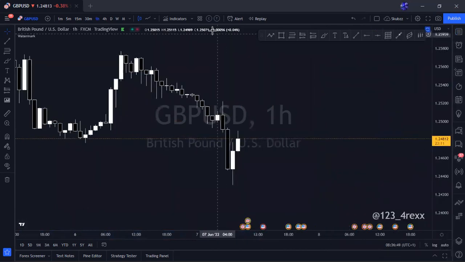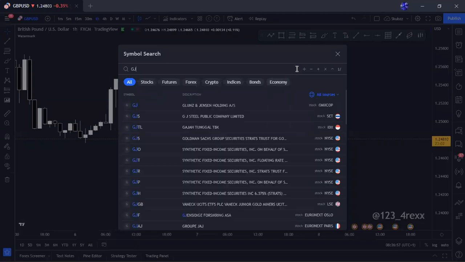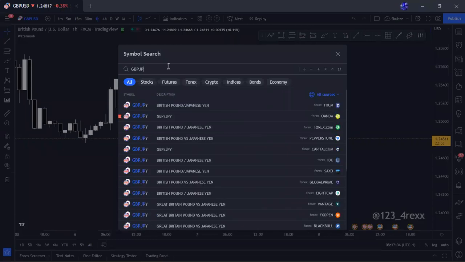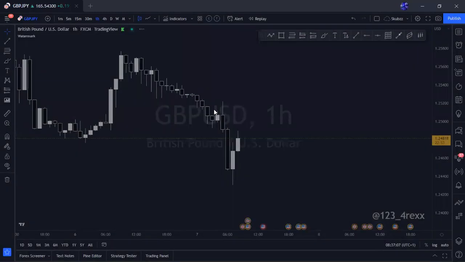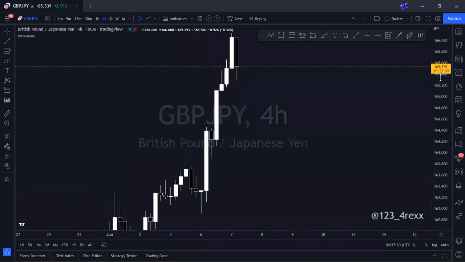Let's look at the price. I saw someone dropped GJ. You guys can drop some suggestions. Let's take a look at GJ. GBP CHF.